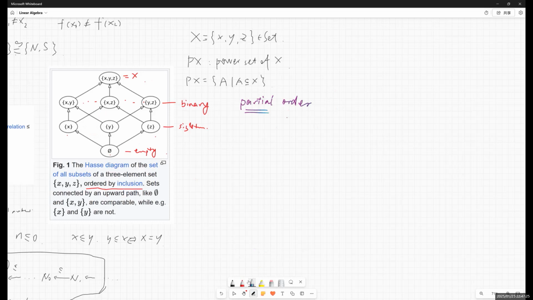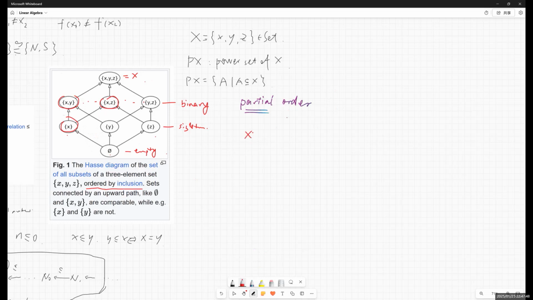Partial means that not every element can be compared. We can compare the order of X to XY and to XZ.